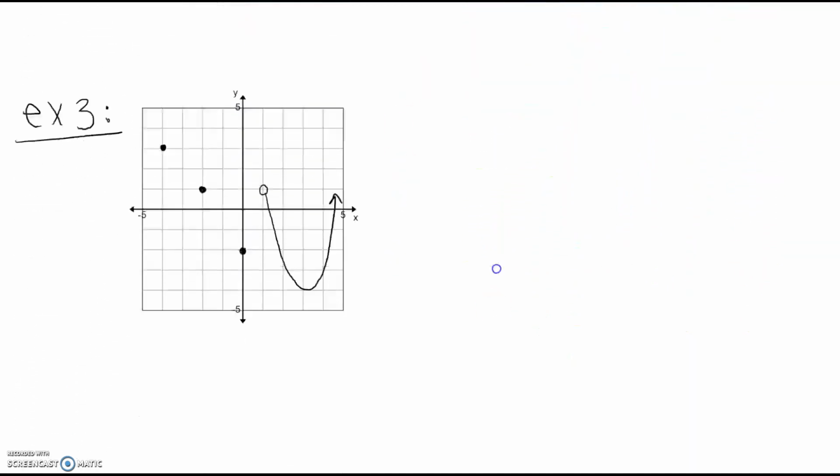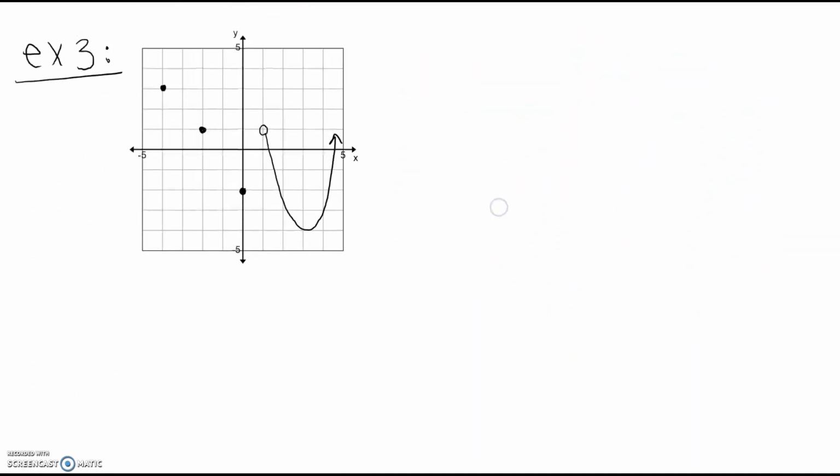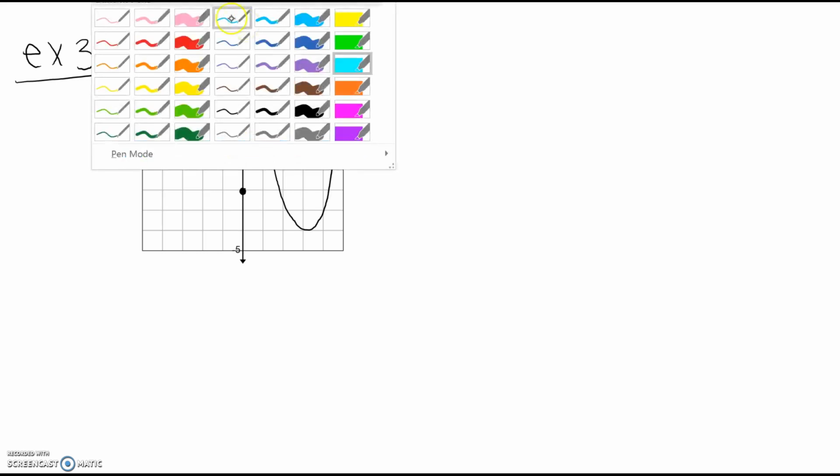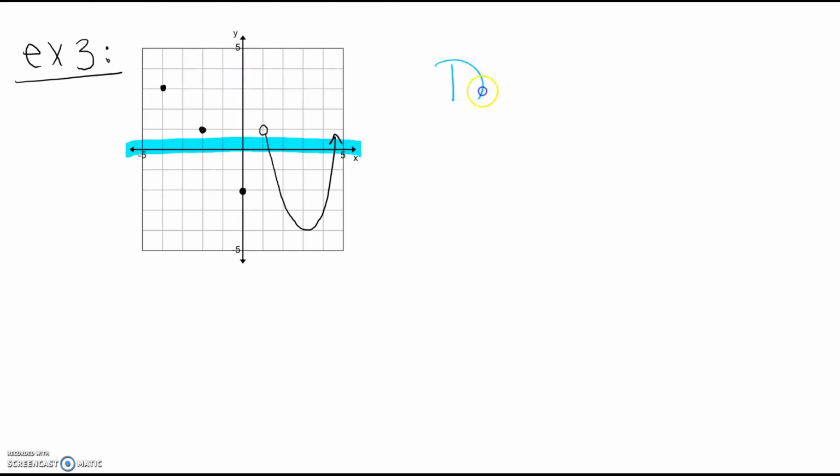Okay, so then going down, example 3. This one's tricky. So let's start with the domain, which remember, x. When we look at our domain, we go to our lowest x value, which is here at -4.